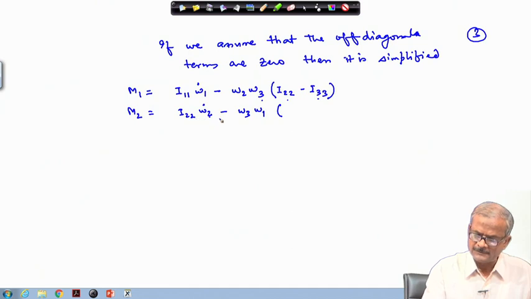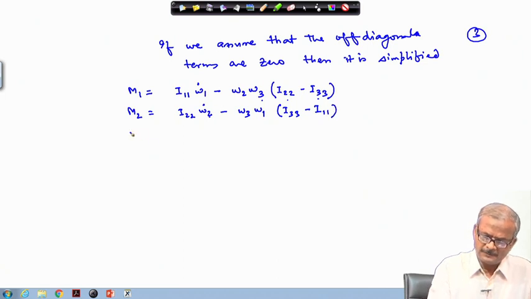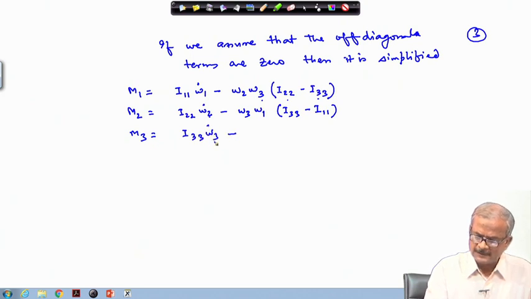We will go in the same sequence. So, this will be I 3 3 minus I 1 1. Similarly, your m 3 will be I 3 3 times omega 3 dot minus, after 3 comes 1, so this is omega 1 and then 2, and similarly we will have I 1 1 minus I 2 2.